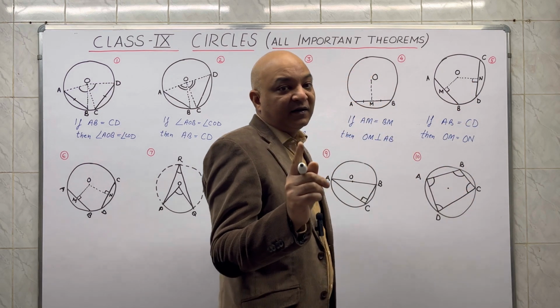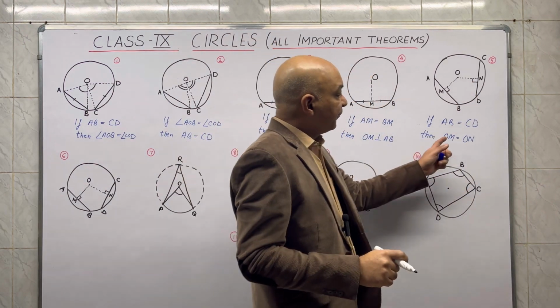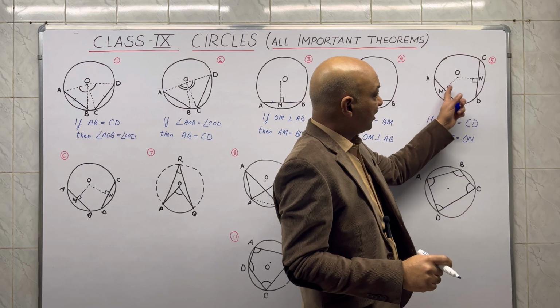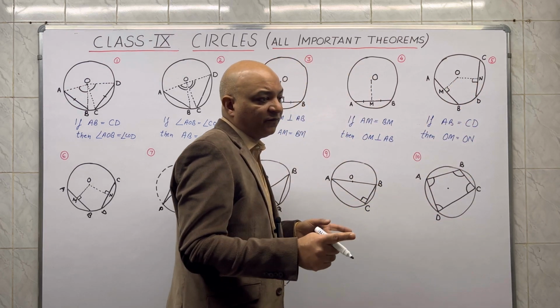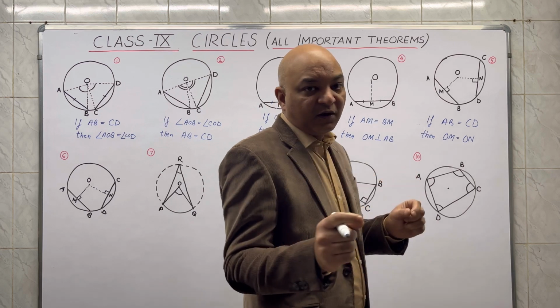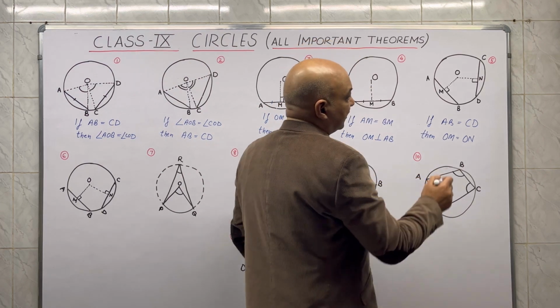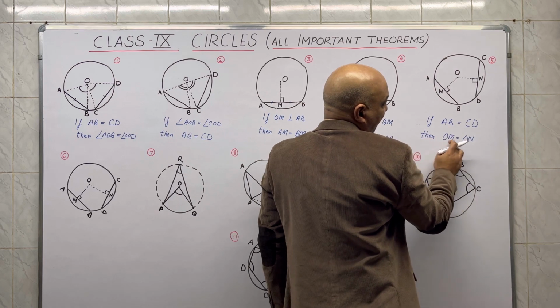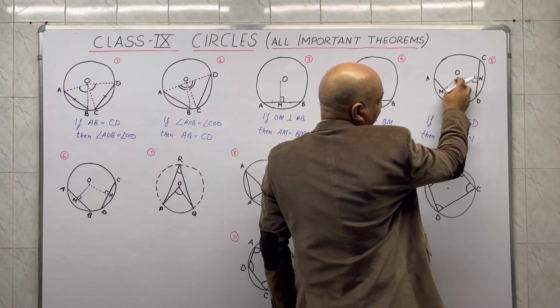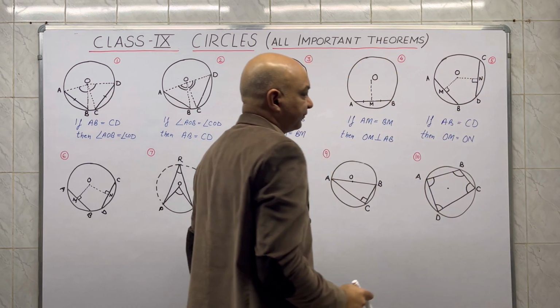Here it is important to note that equidistant का मतलब है perpendicular distance. So when we talk of distance, it is always perpendicular distance.